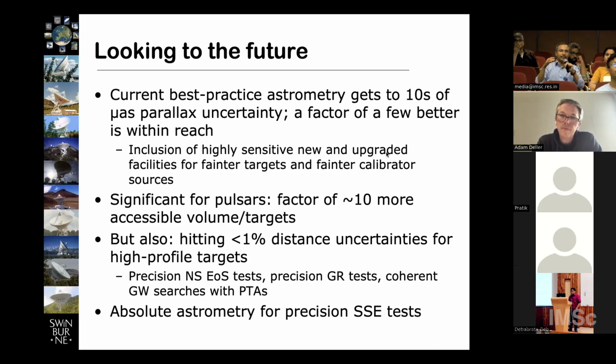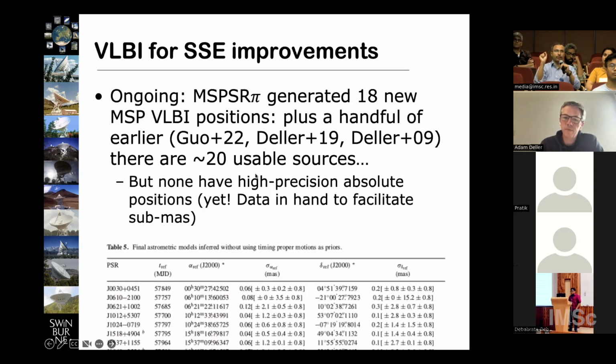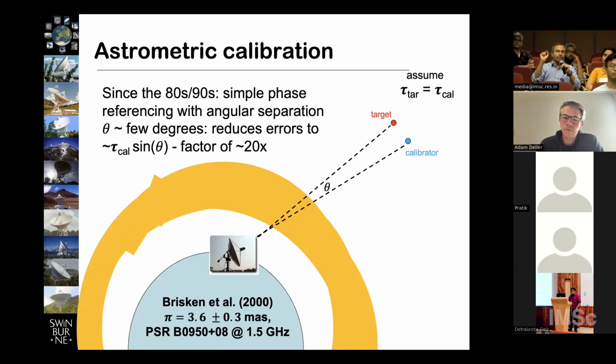Now when it comes to VLBI, the antennas are thousands of kilometers away, right? So is there an assumption that the ionospheric effects are the same for all the detectors? And what is the time scale on which the ionosphere changes? Because by the time the SNR builds up for the nearby source, the ionosphere might have changed, right?